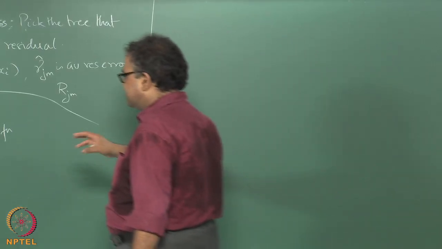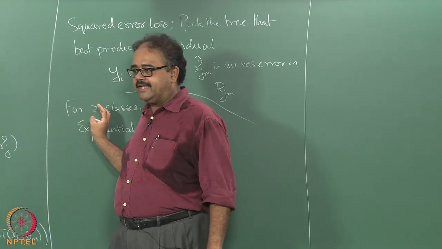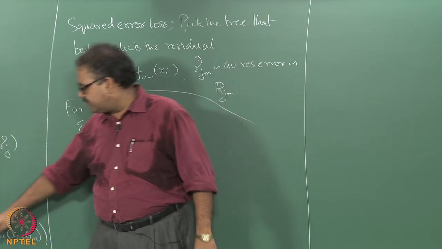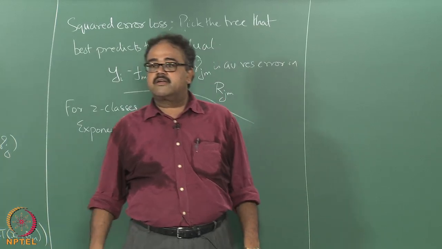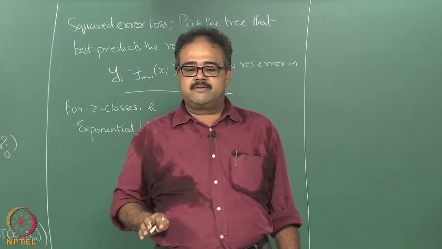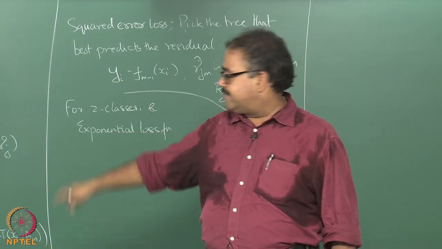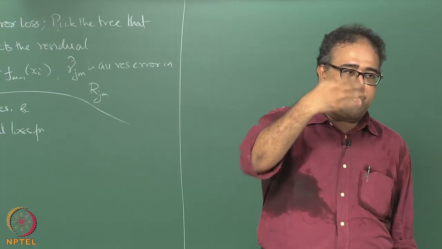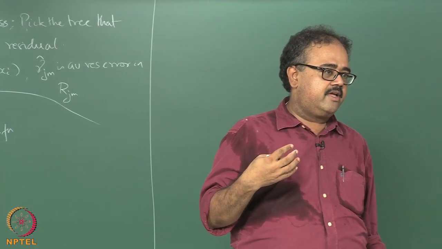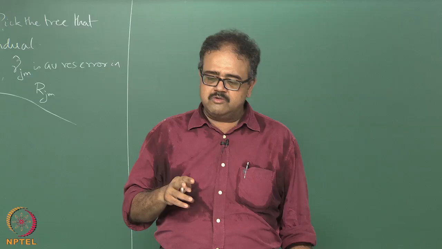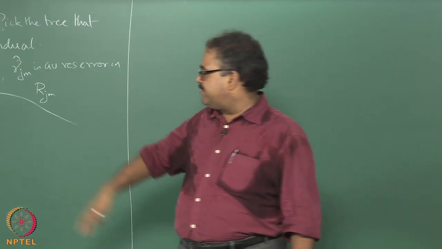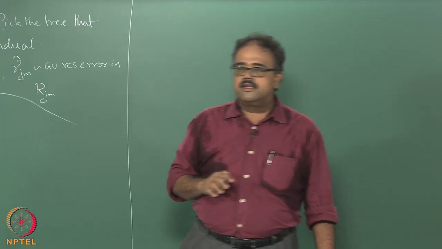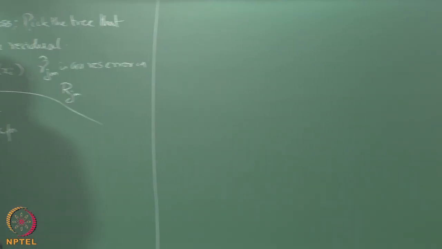But it turns out there are tricky things here. If it is a multi class problem, then things do not decouple as nicely. If you have 2 class problems and your loss function is exponential loss, you can show that the computation we are trying to do here, that minimization, will essentially reduce to the same solution that you get if you did the AdaBoost derivation on decision trees. But these are the 2 cases where this thing simplifies. For example, if you are trying to use deviance as a loss function, then things do not decouple this easily. So, these are things that you have to keep in mind.